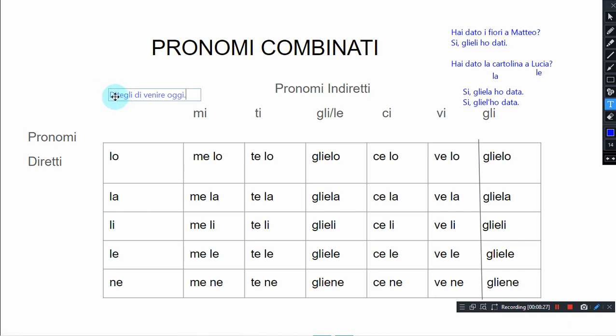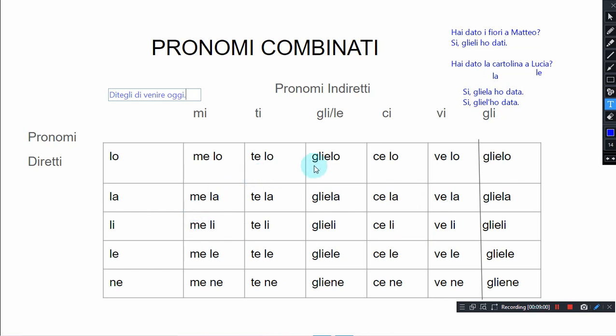Here, dite, tell him to come today. Diteglielo di venire oggi è una frase con un verbo all'imperativo. Here, the sentence contains a verb in the imperative mood. That's why the pronoun gets written right after the verb attached to it. Other than that, the pronouns precede the verbs in Italian. Okay, this is our chart.